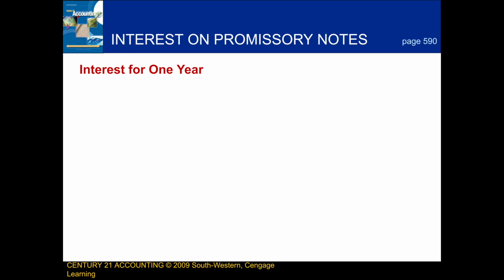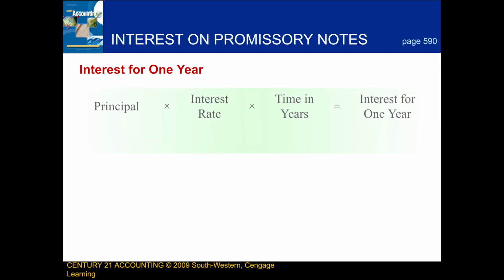So the way that we calculate interest for 1 year is as follows. We take the principal amount and we multiply it times the interest rate, and then we multiply that times the time in years, and that will give us the interest for 1 year.